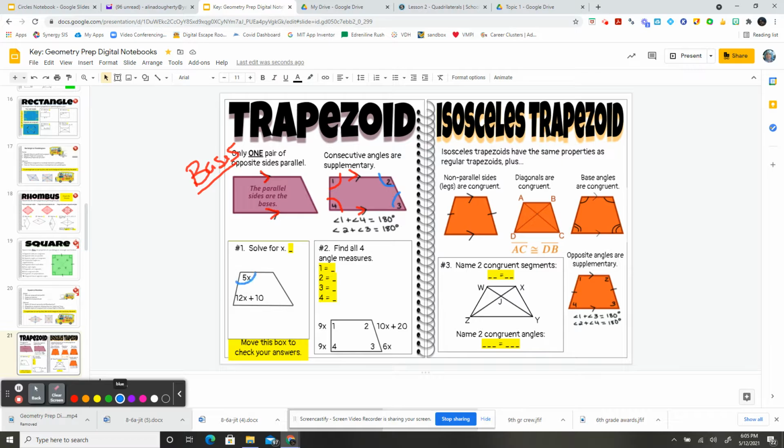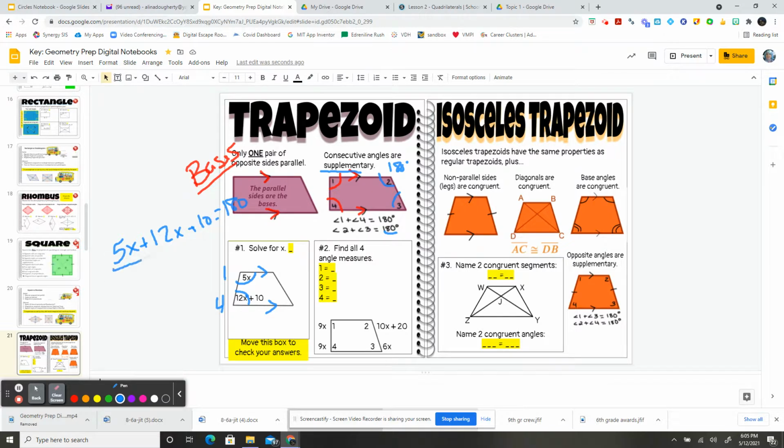If I've got 5x and 12x plus 10, these are my bases, so this is like angle 1 and angle 4. They should be supplementary. They should add up to 180 degrees. So I can do 5x plus 12x plus 10 equals 180.